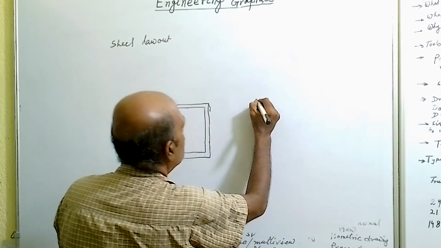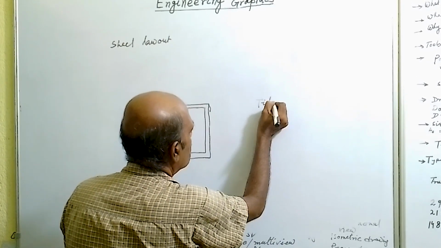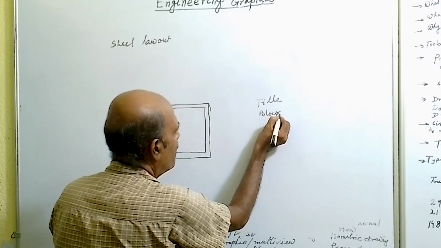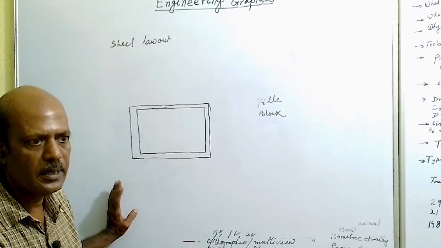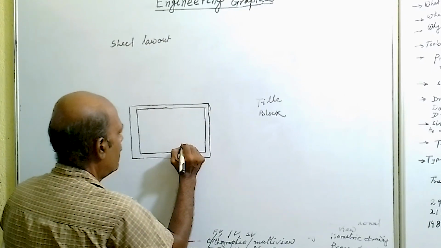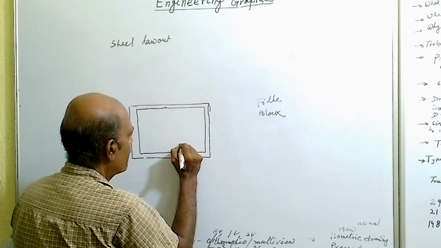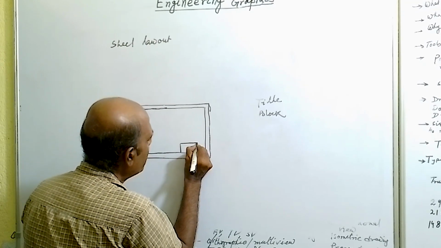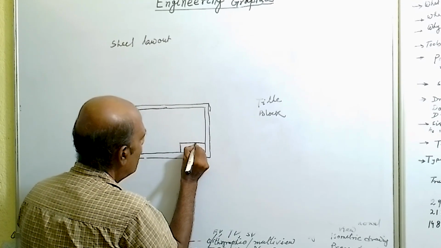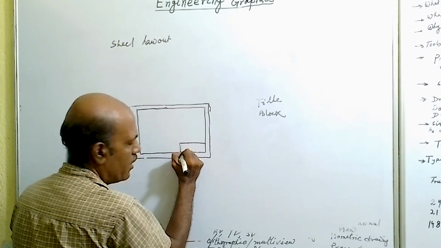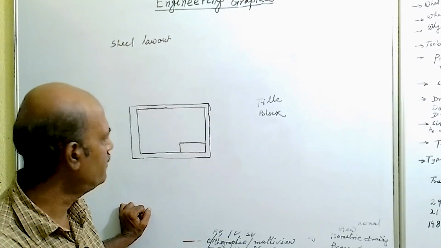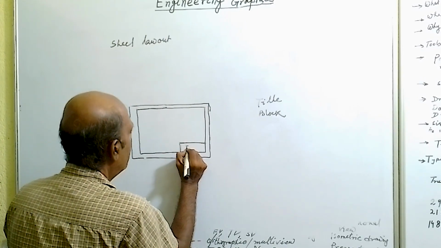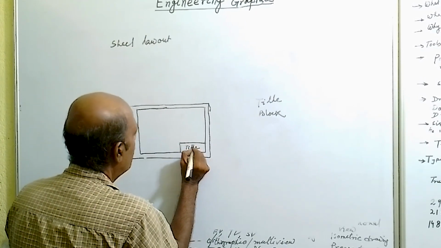Now we will place the title block. In every drawing sheet there will be a title block, and the position of the title block will be at the lower right hand corner. So this is the title block.